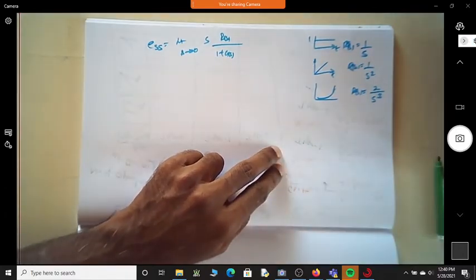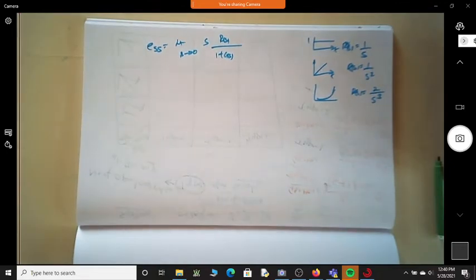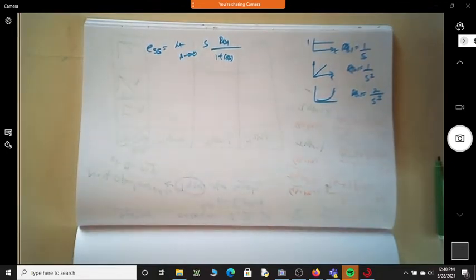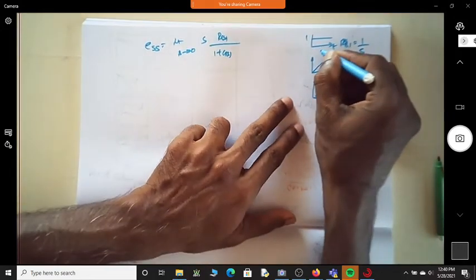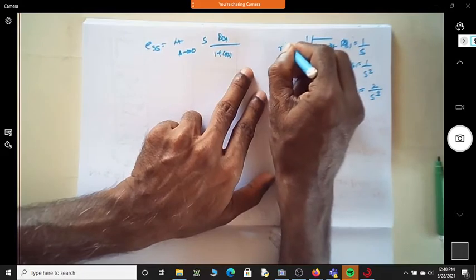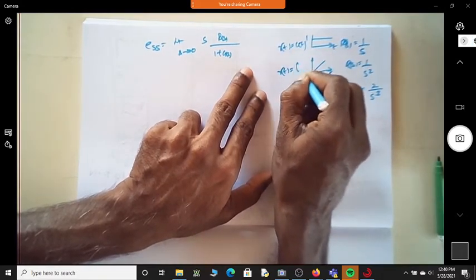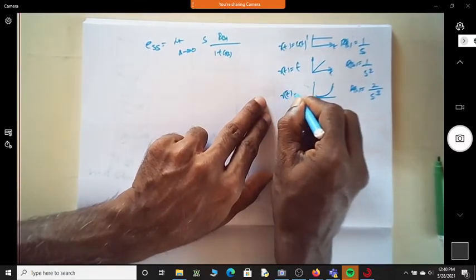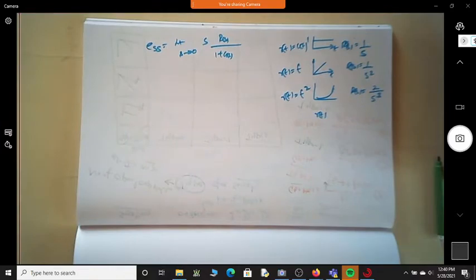Are these the expressions for different types of inputs? Am I correct? So what is actually r(t) for these? r(t) is u(t), r(t) is t, r(t) is t square. Correct? Yes, sir.